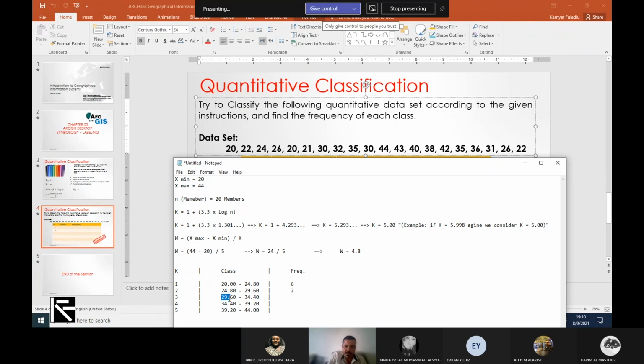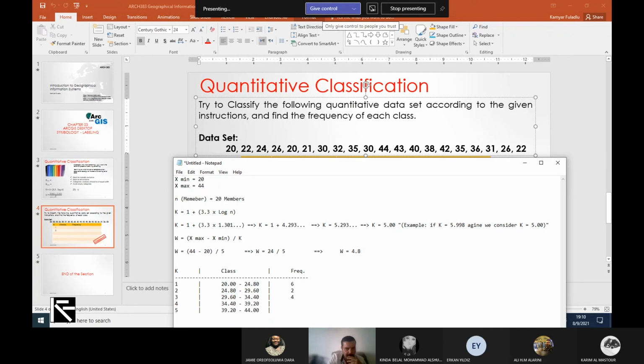Now we have 29, actually, because we consider 29 here, but this time 30 to 34. We have 1 here, 2 here, 3 here, I think 4.